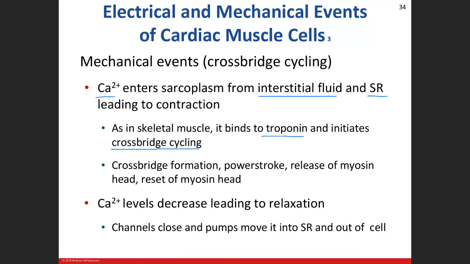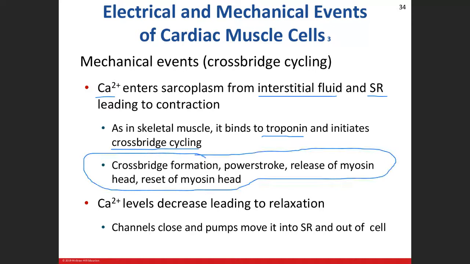I will not go through how cross bridge occurs, power stroke, that whole thing. You guys should all know this already. This is from last semester in 210. So what will happen then, following the contraction? Once we see a decrease in calcium levels inside the cell, we'll start to relax the cell. How does that happen?